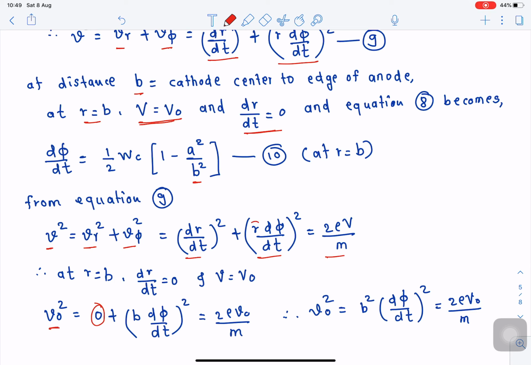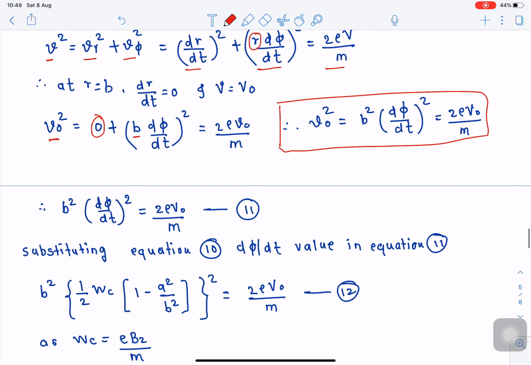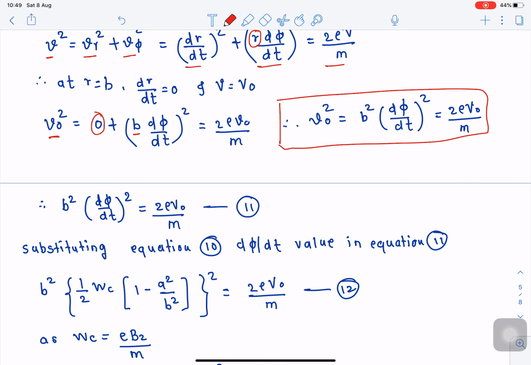Now r is replaced with b, so we get b over here and on the right hand side the same. So the velocity we finally get is given by this particular equation: b square into d phi by dt whole square is equal to 2eV0 by m. This is given in equation number 11.